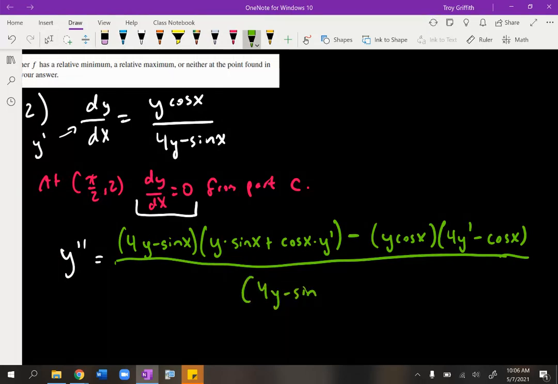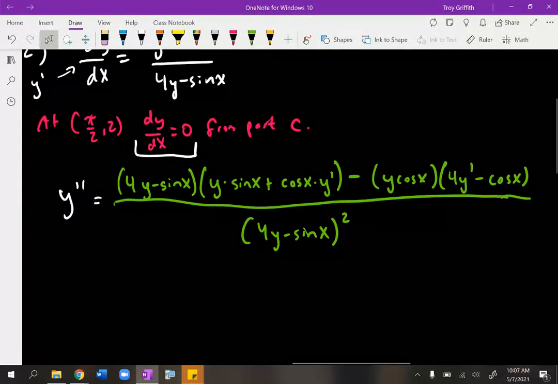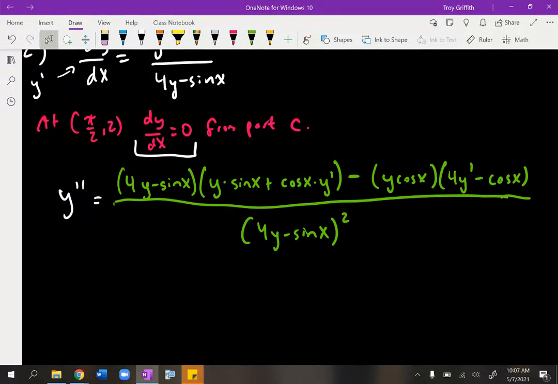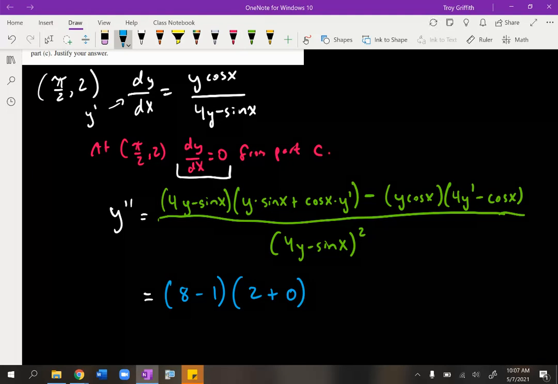low squared. Now, here's the thing. I'm really just concerned with the value of the second derivative here when I'm done. I'm just trying to figure out if the second derivative is positive or negative. So I'm going to start plugging some things in. 4 times 2 is 8. The sine of pi over 2 is 1, so there's that first set of parentheses. The second set of parentheses, 2 times the sine of pi over 2 is 2, plus the cosine of pi over 2, which is 0, so I don't even care about what's happening after that.